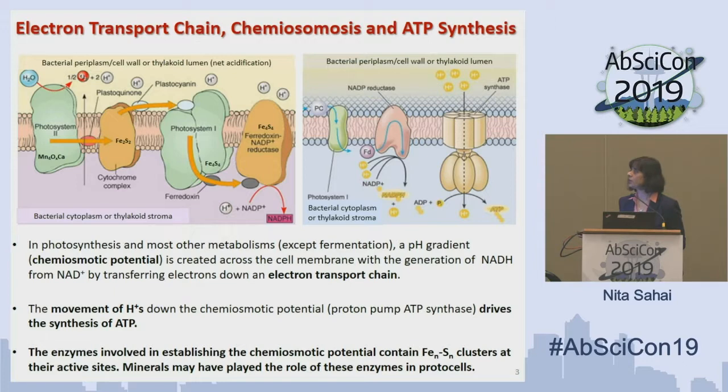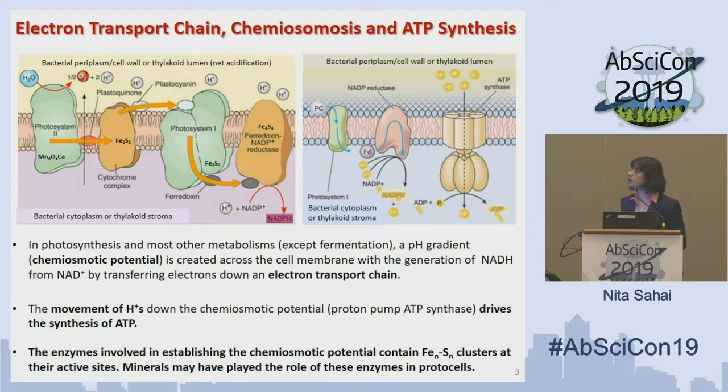So this generates protons out here. The electrons in the process are picked up and transferred across to the cytochrome complex here by a quinone, plastoquinone. The plastoquinone and the cytochrome complex spit out more protons out here.